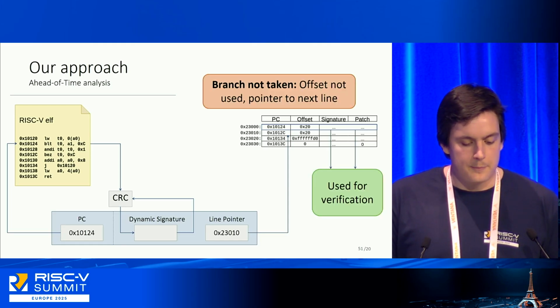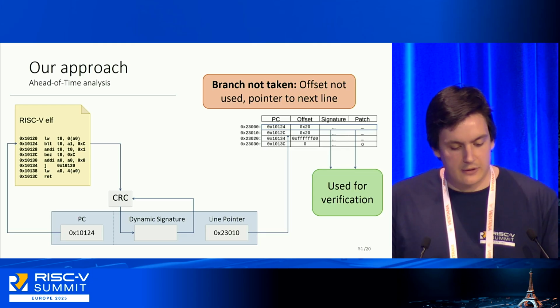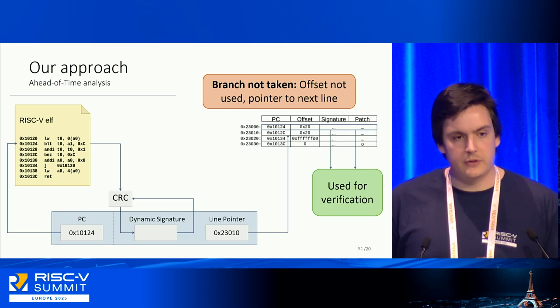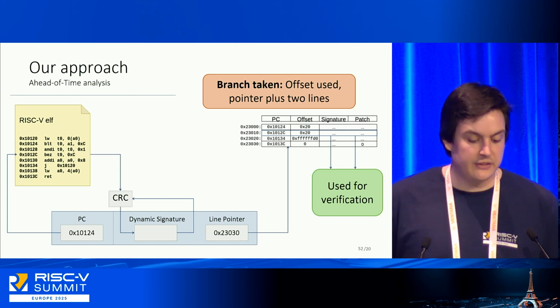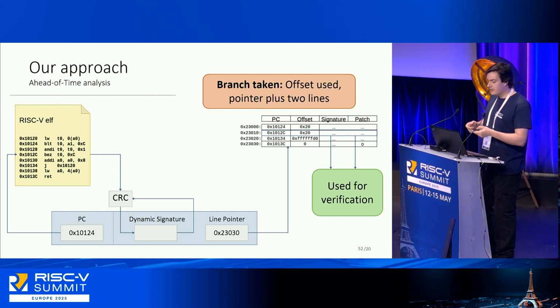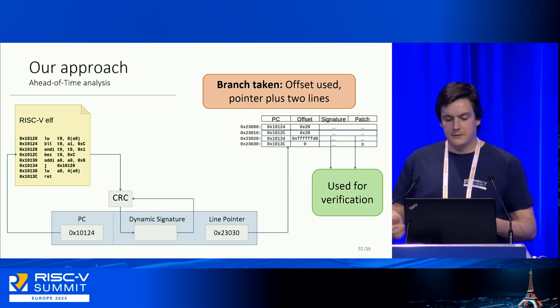If the branch is not taken, the pointer goes to the next line. If the branch is taken, the offset is used to modify the pointer to point to the next line that will be encountered.